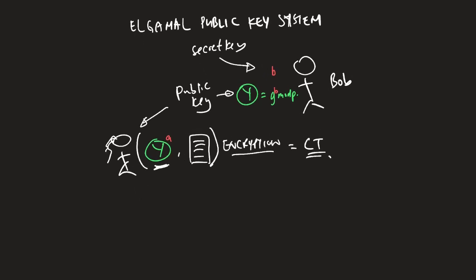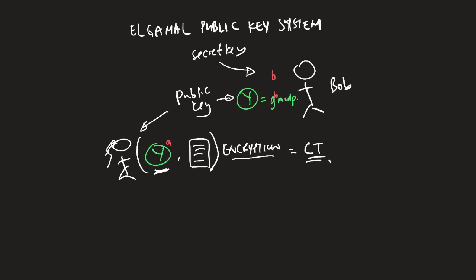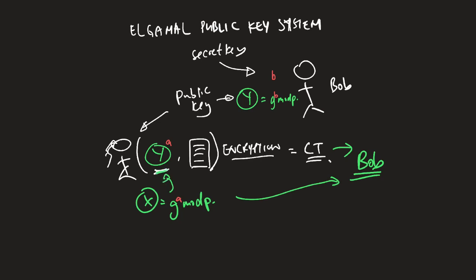And then in parallel with sending ciphertext to Bob, she will also need to calculate big X, which is G to the power of A mod P. And then both of these will get sent to Bob, and this X will enable Bob to figure out this key, which will enable him to decrypt this message and get the original. And he can do that whenever he wants. They don't need to be in a live interactive session to do that.